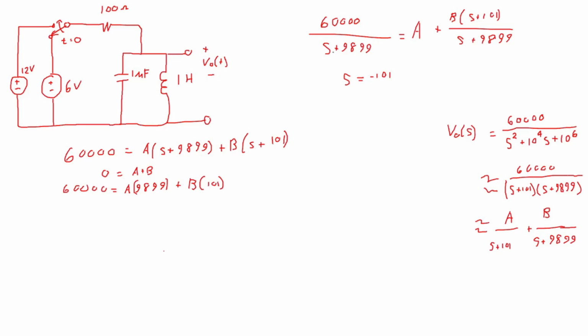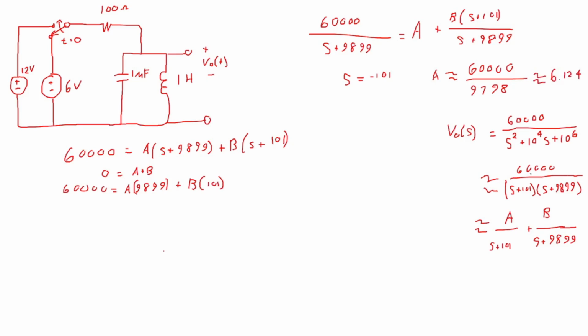So then if we plug in minus 101 for s, that tells us directly that, again, it's only approximate because the factoring was approximate, a is approximately equal to 60,000 over 9,798. And we can calculate what that is.